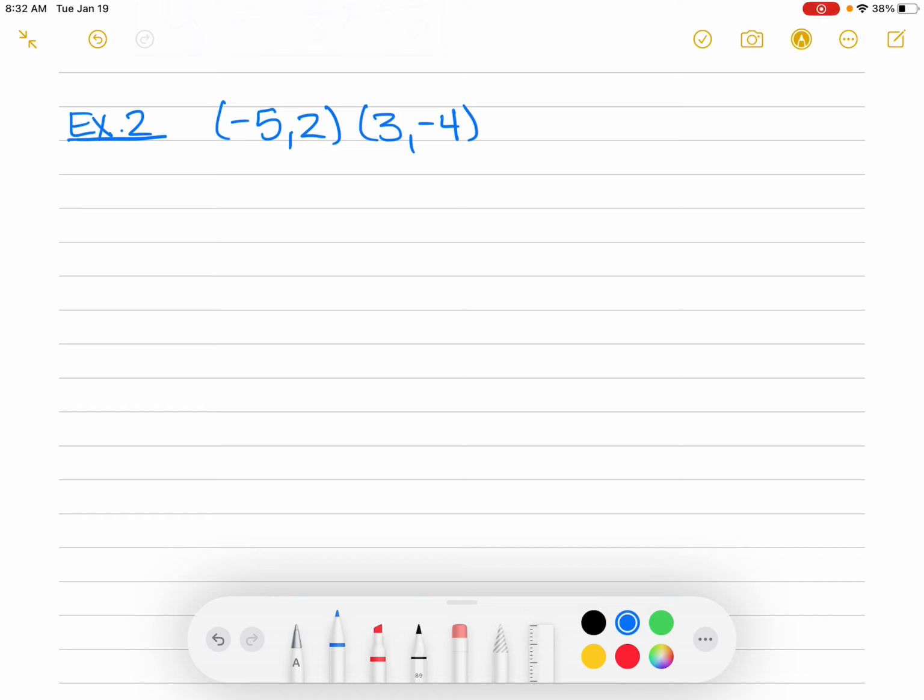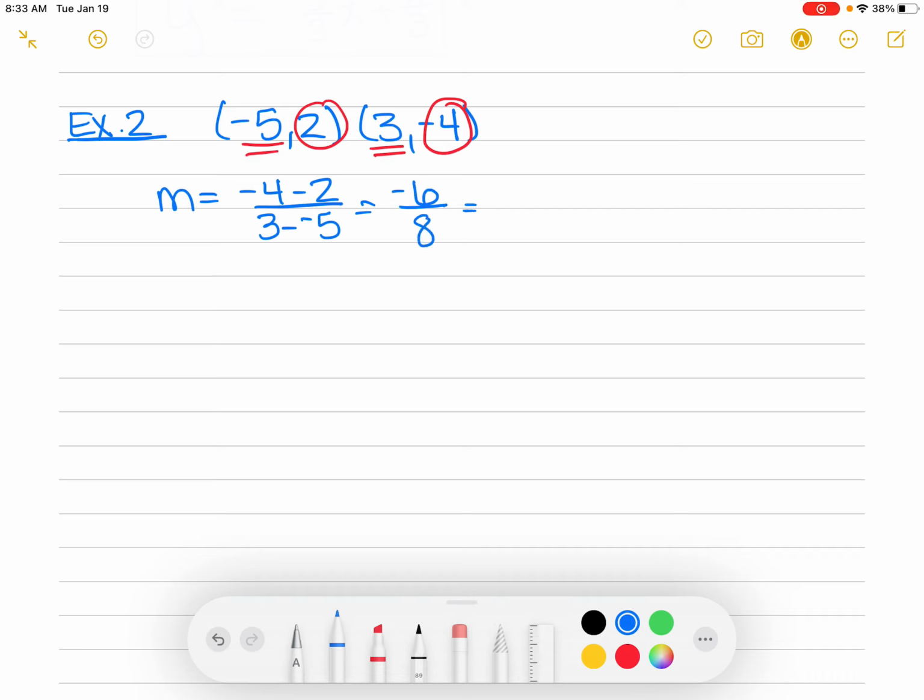Okay, everybody should be back. We're going to first find the slope of negative 4 minus 2 over 3 minus negative 5. Remember, I'm taking the y's, this one, and subtracting them, and then I'm taking the x's, this one, and subtracting them. So I get negative 6 over 8, and that can be reduced.